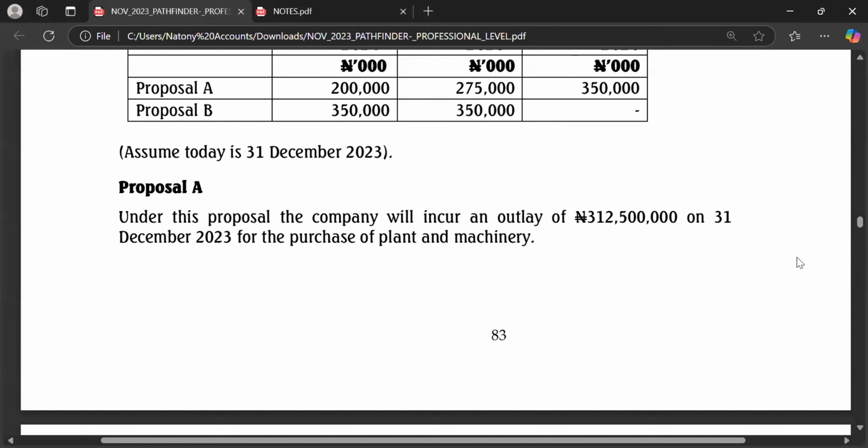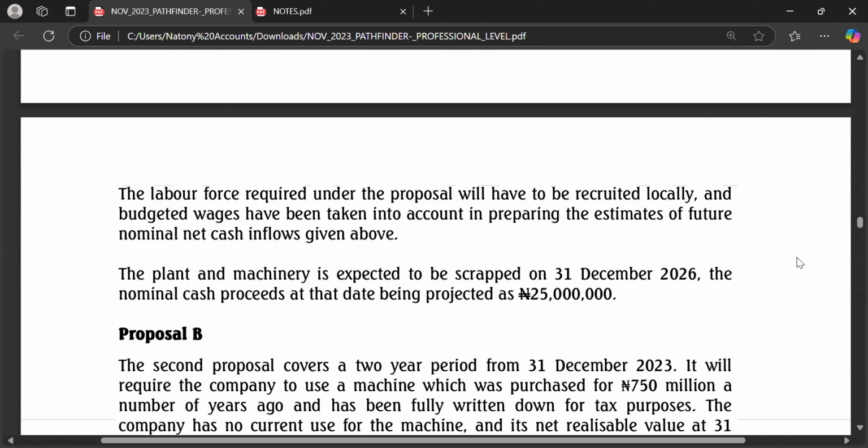under this proposal, the company will incur an initial outlay of 312,500,000. That's 312 million. And the date for that is 31 December 2023 for the purchase of plant and machinery.